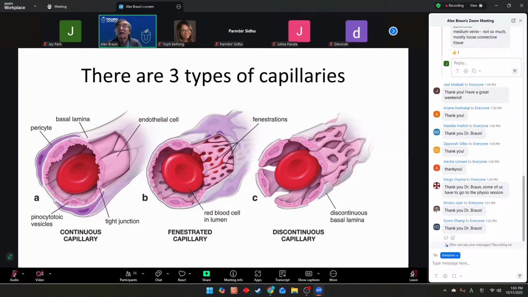This creates a very, very leaky vessel. So another name for discontinuous capillary, by the way, is sinusoid, or sinusoidal capillary. So you see capillaries like this in the liver, in the spleen, in the bone marrow, because those are situations where we would like to have very porous or leaky capillaries.